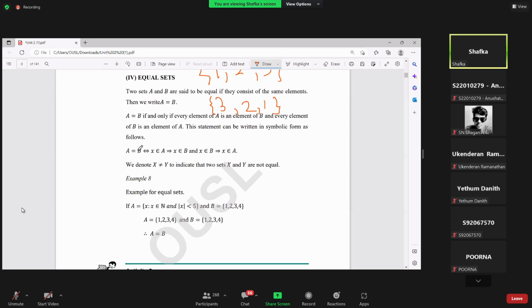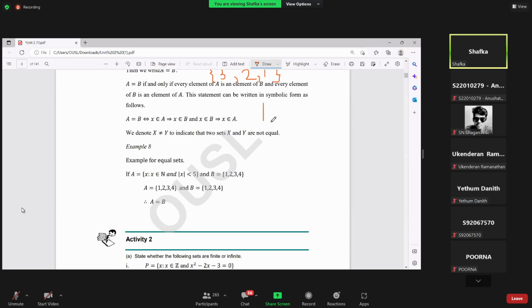In other words, we can represent it as A equals B if and only if x is in A implies x is in B, and x is in B implies x is in A. Only if both sides are satisfied: all the elements in B are in A and all the elements in A are in B. We can represent equal sets in another way after we have studied subsets.